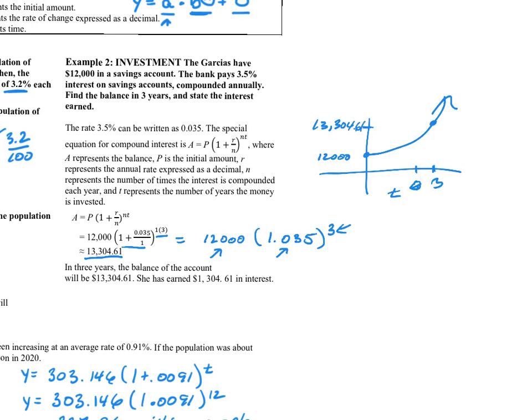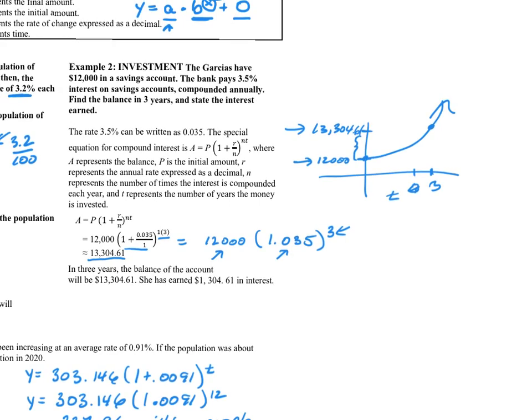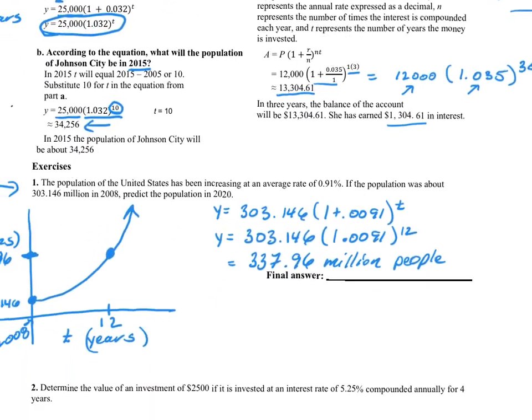Okay, and the actual interest that I earned is simply the difference between those two numbers, right? This is what I put in initially. This is what that grew to after 3 years. So the amount of interest that the bank actually paid us was $1,304.61. Right?